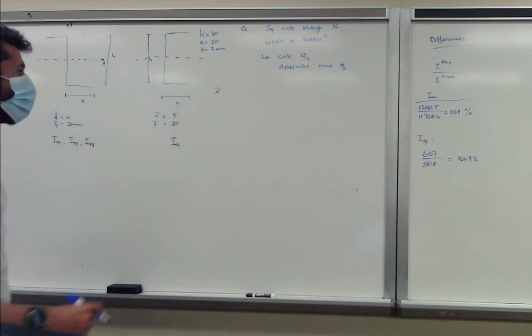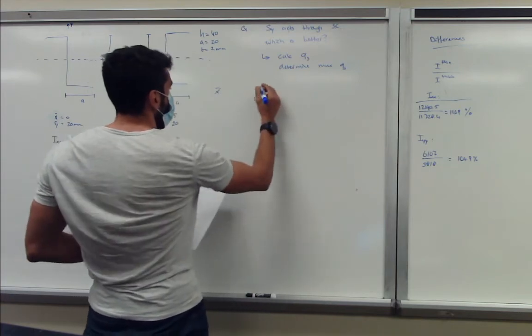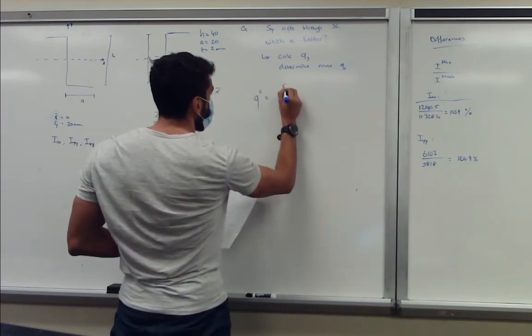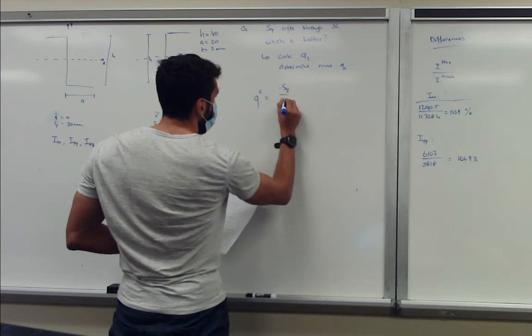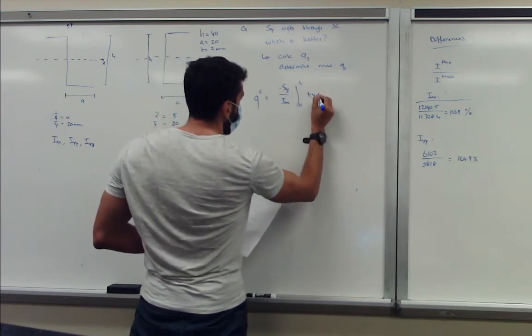And the reason again is, if you look at the shear flow equation, we have Q, say QC. What we get is SY over IXX, integral 0 to S, TY ds.